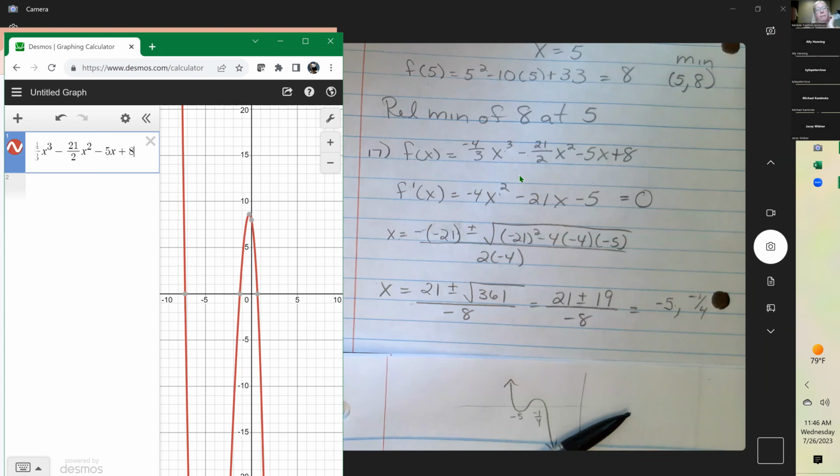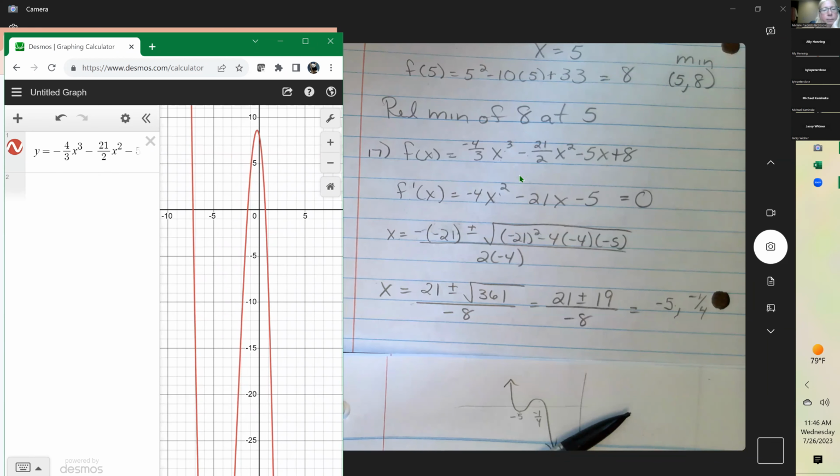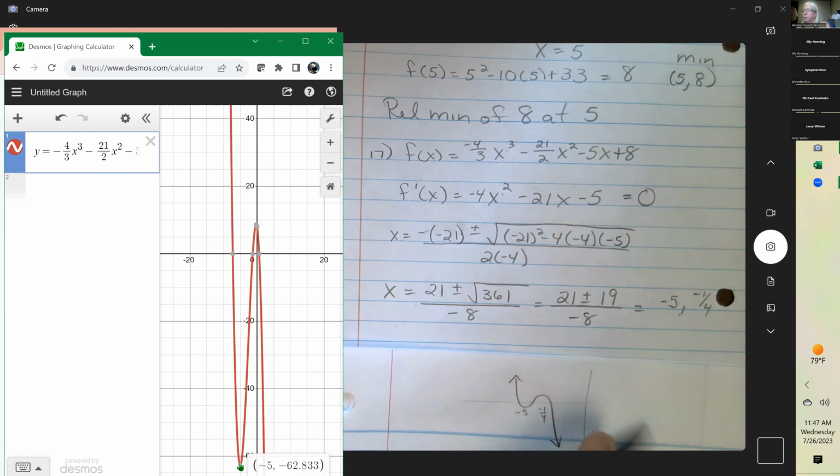Okay, so there's our graph. It gives us our high and our low. Notice the negative 5.